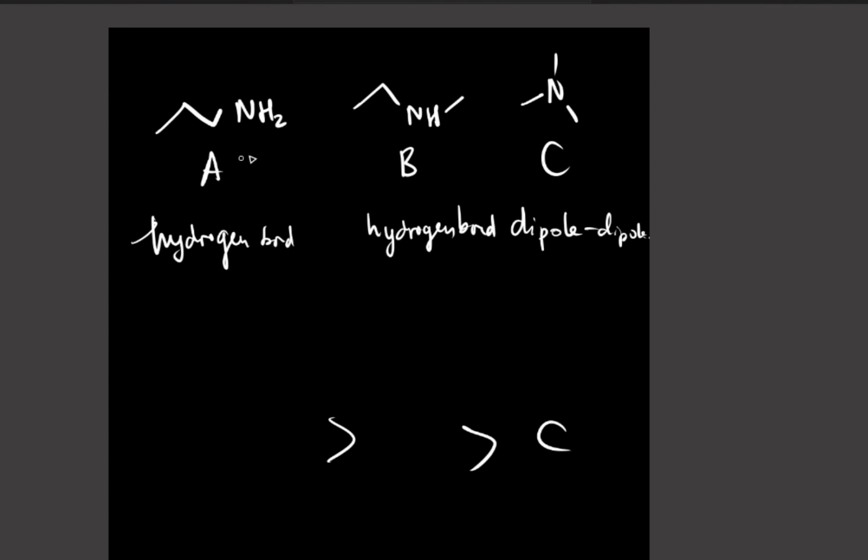Now let's take a look at A and B. How do we determine which one has a higher boiling point? You can see that in A, we're going to have 2 NH bonds, right? This NH2 group can be written like this.